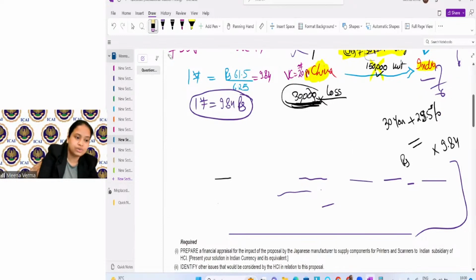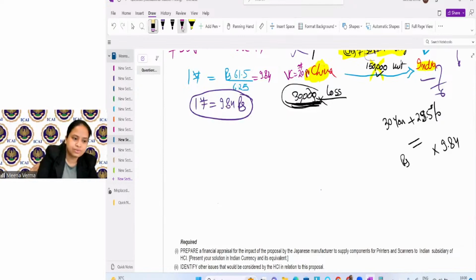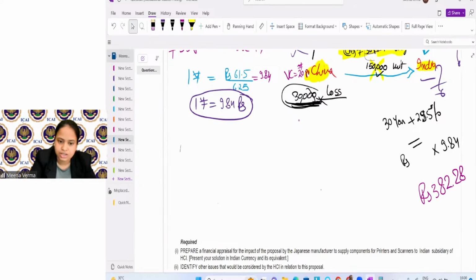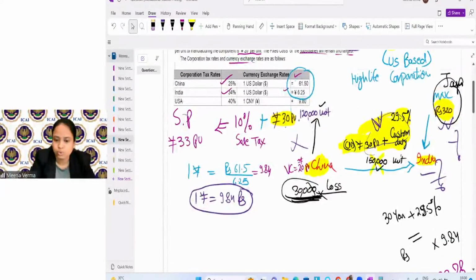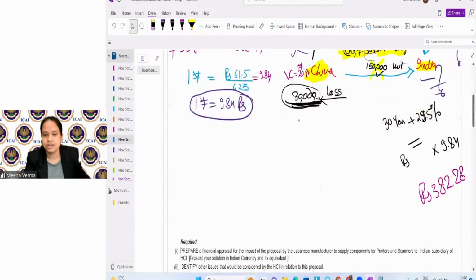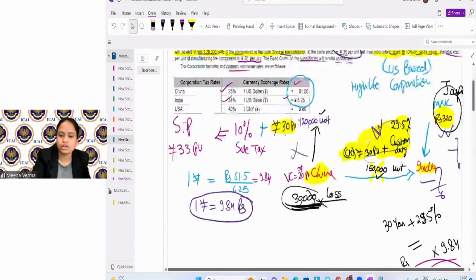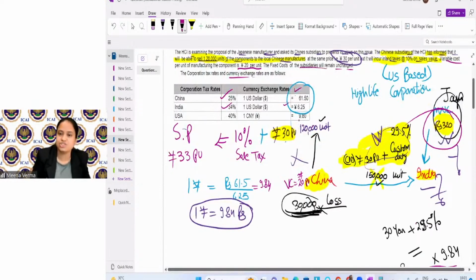So if you convert the same thing into rupees now, it is coming as 382 rupees, 382.28. Is it good? Check it. No. In India, it is cheap. If you're buying it from China, it is more expensive. When you buy it locally, it is cheaper. Better buy it internally.